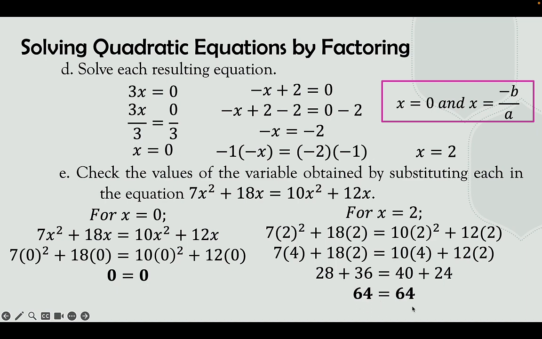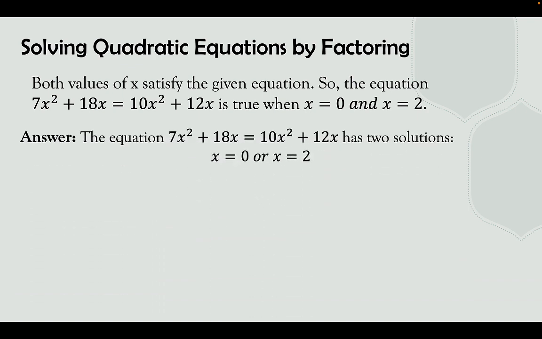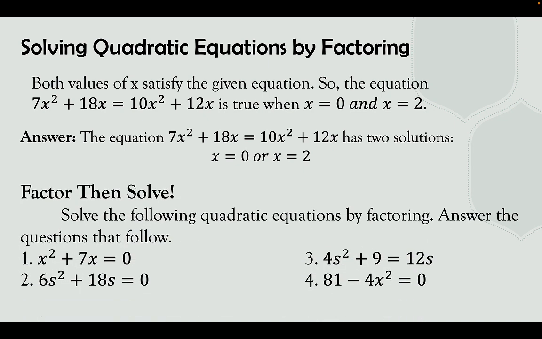So we have 64 equals 64. That means both of the values of x satisfy the given equation. So it is true when x is equal to 0 and x is equal to 2. So there are two solutions for this one, x equals 0 or x equals 2.